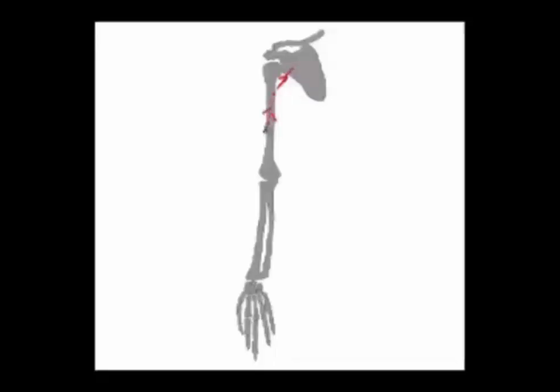And then it appears in the lateral part of the arm, and runs down the lateral part of the arm. And during this part, it gives off branches to the brachioradialis and also to the extensor carpi radialis longus and brevis. So those are the wrist extensors on the radial side.